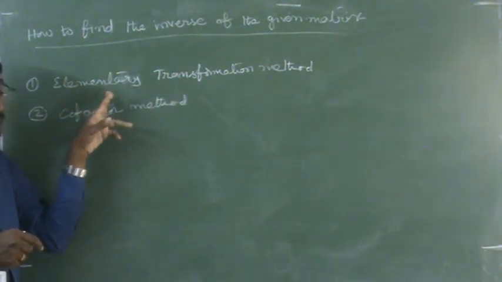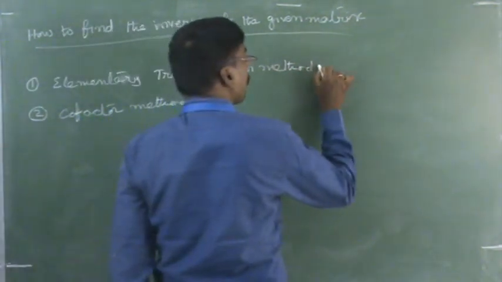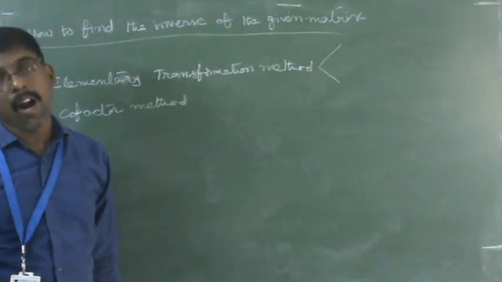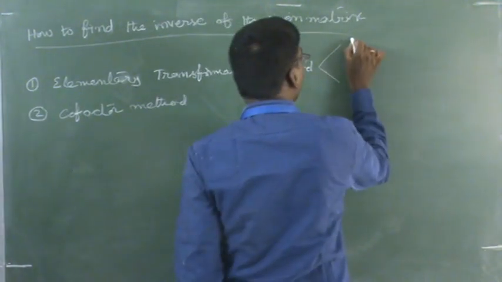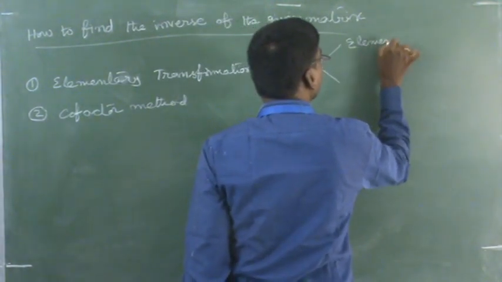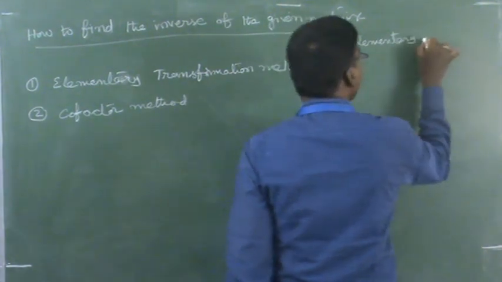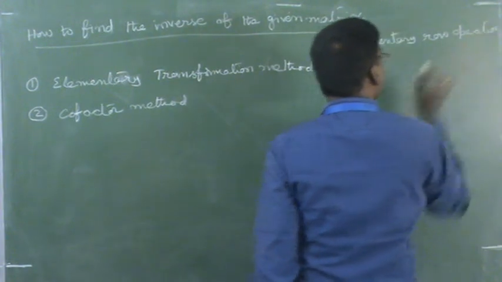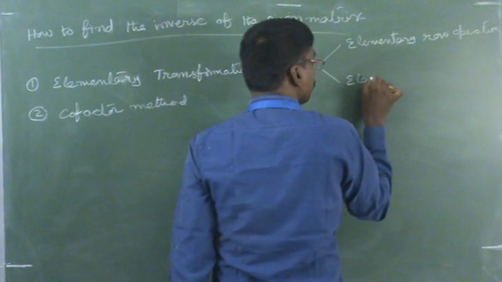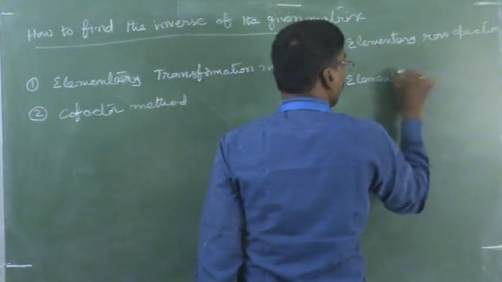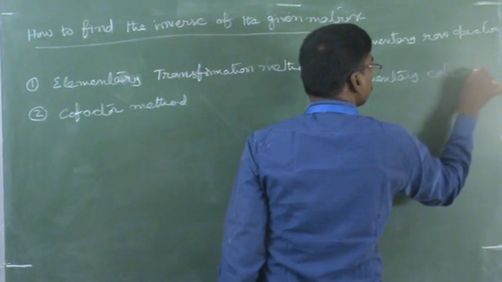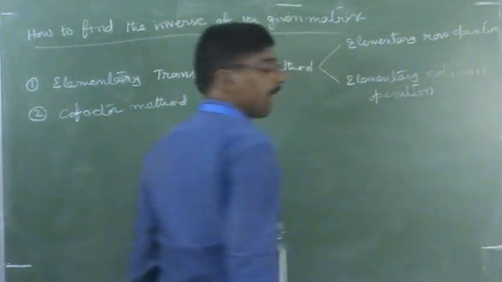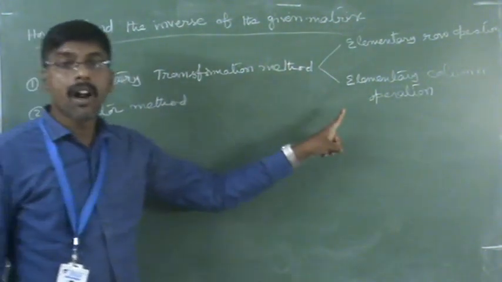In elementary transformation, we again have a classification: elementary row operation and elementary column operation.